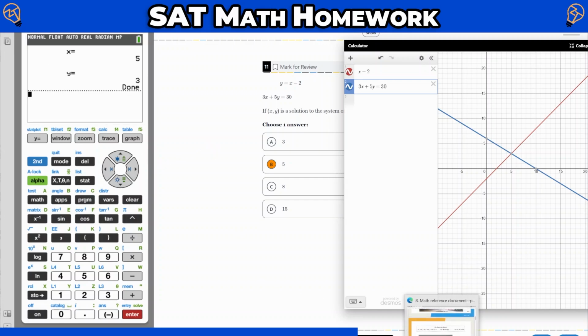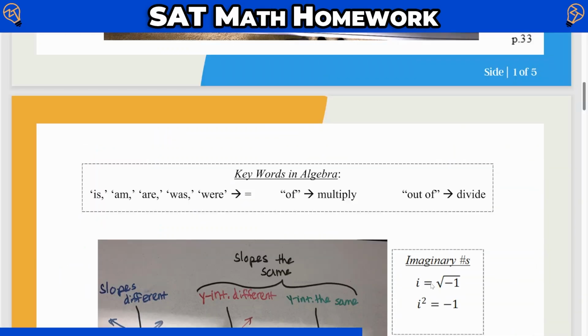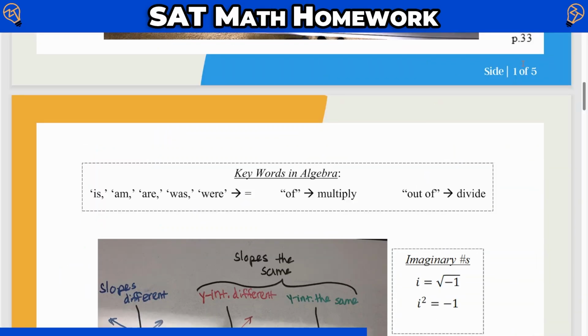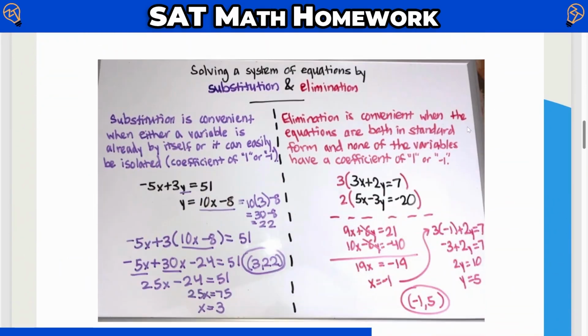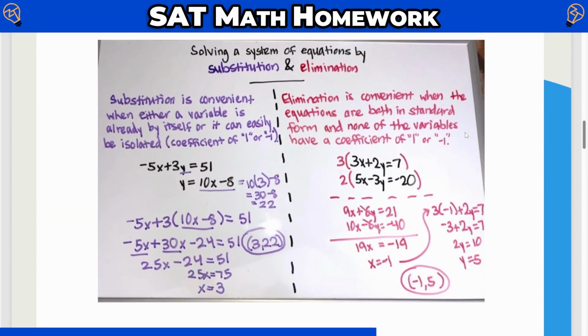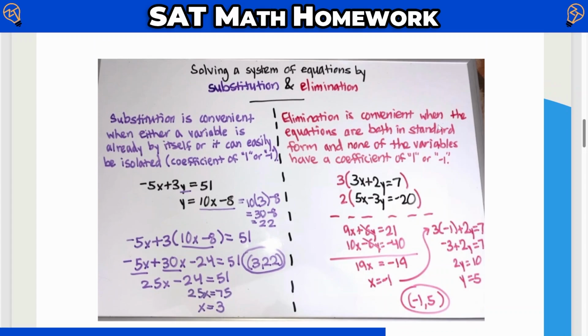And then the third approach, in case you're curious how to do it by hand, which is good to know for your actual math class, if you go to the back side of page 33, which is side 2 of our math reference documents, you'll see that we have substitution versus elimination as the two primary algebraic approaches for solving a system of equations. Now notice substitution is really convenient if one of the two equations is already isolating a variable.